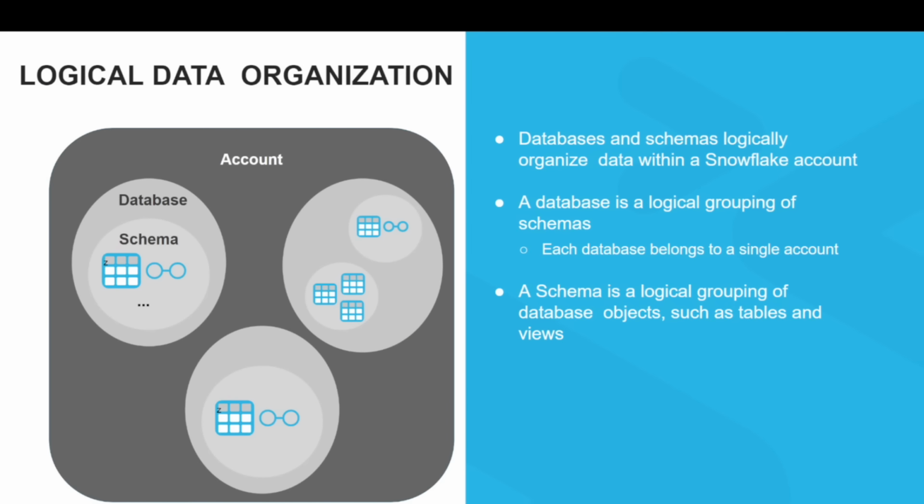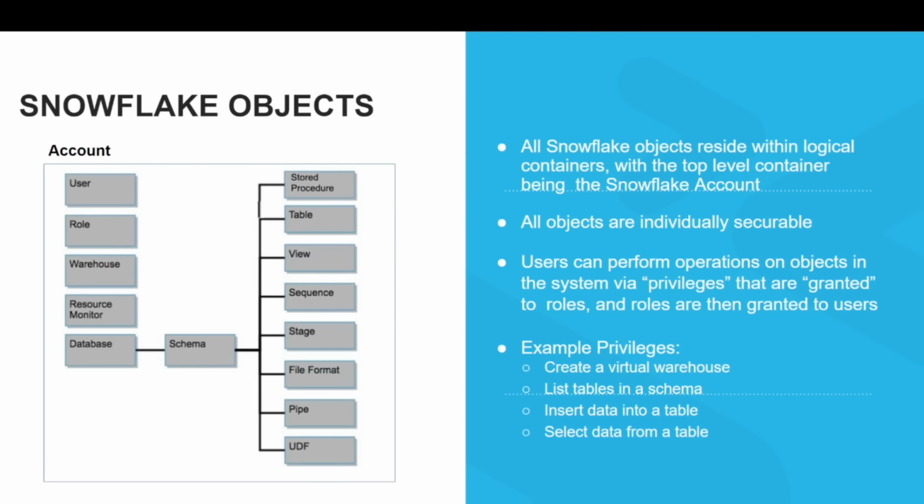Now, a schema is a logical group of database objects such as tables, views, streams, pipes, and stored procedures inside Snowflake. So let's see how we organize all the different objects of Snowflake. If you see over here, all Snowflake objects reside within a logical container, with the top level container being the Snowflake account.